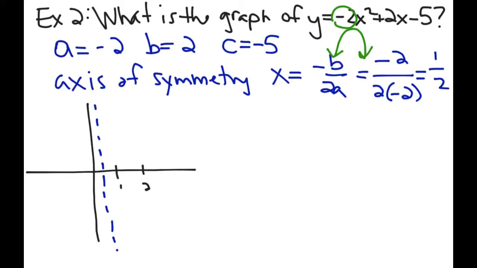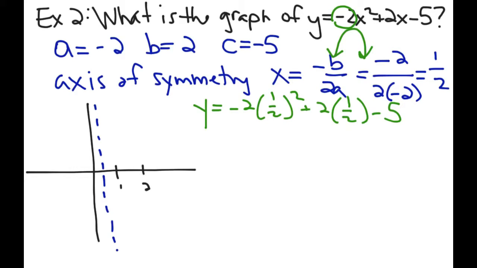Now let's find out what y is. So y is equal to negative 2 times 1/2 squared plus 2 times 1/2 minus 5. And I'm just going to put that into my calculator to find out what the answer is. Negative 2 times 1/2 squared, plus 2 times 1/2, minus 5.